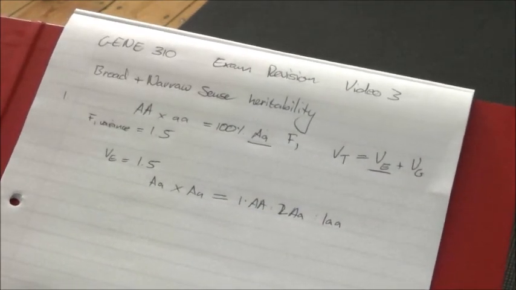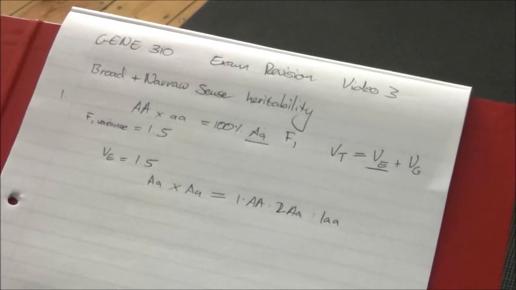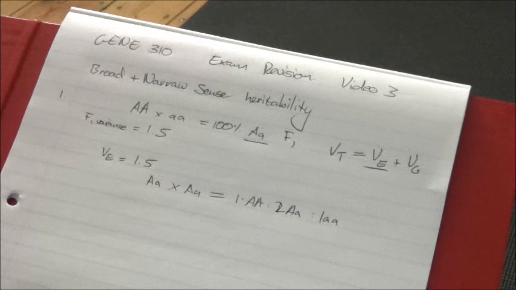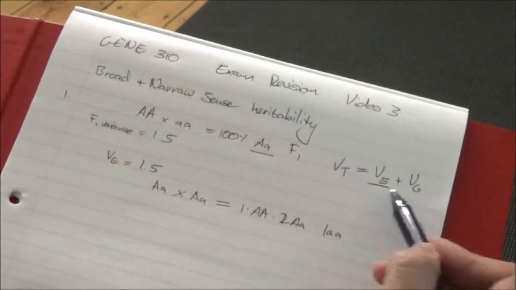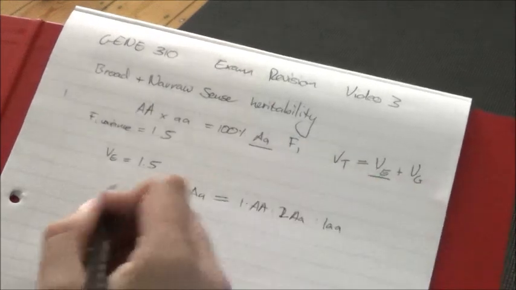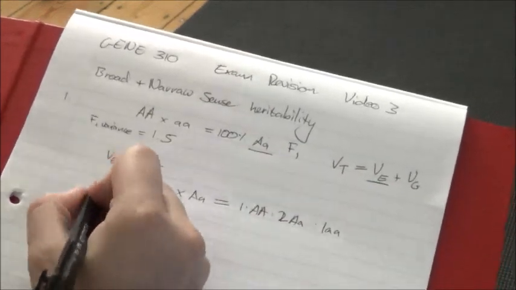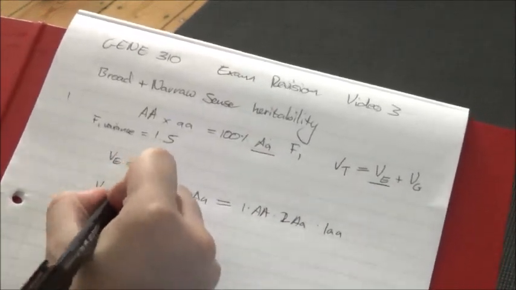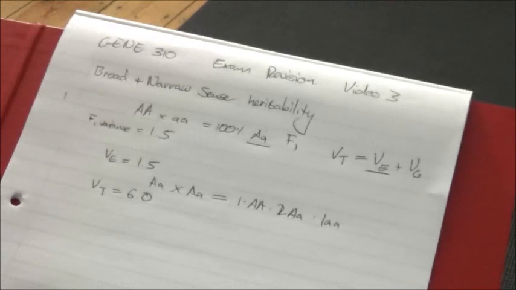But does that mean that there's not an environmental component? Obviously no, because the environment always has an effect on your phenotypic variation. So in this case, we have an environmental factor and a genetic factor. So we're going to call the variation that we see in this generation the total variation, because it has genetic and environmental components.